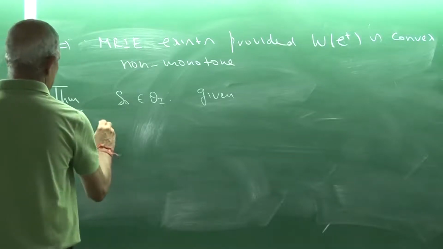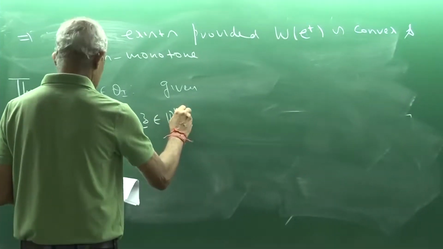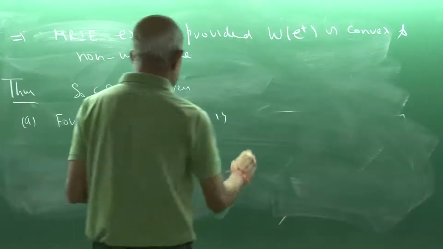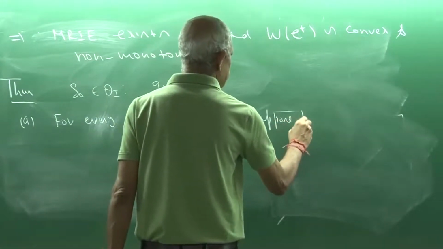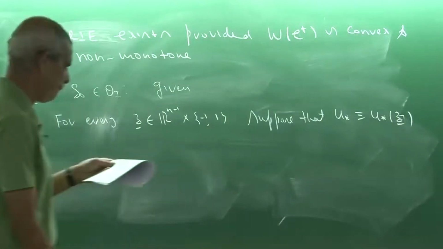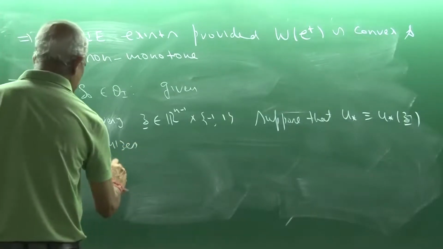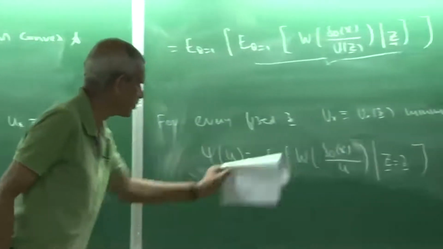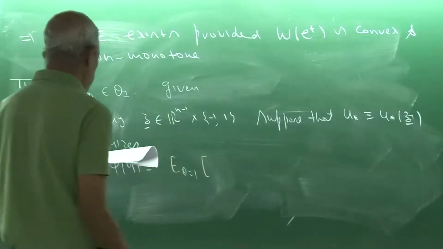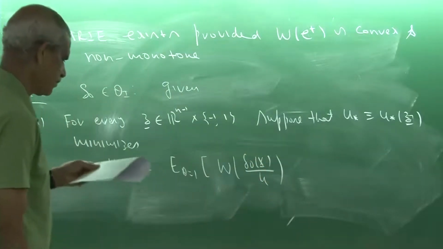For every z belonging to R^(n-1) cross minus 1 to 1, suppose that u star, which is the same as u star of z, minimizes psi of u, which is basically this quantity, E of theta equal to 1, W of delta naught x given u, given Z equal to z.